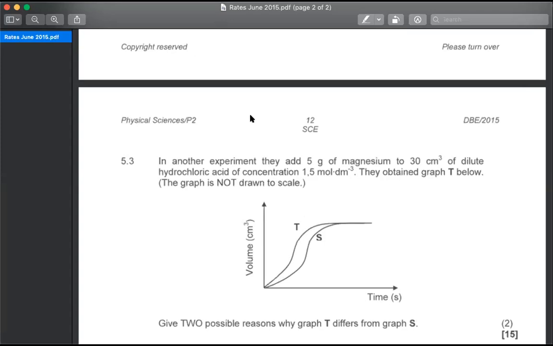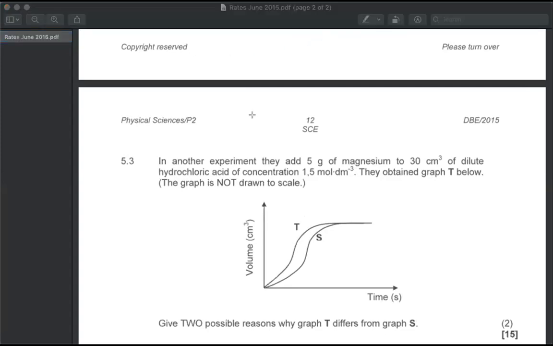Now, what does that mean? If you look at this graph, before we even look at the question, if the graph T is on the left-hand side of graph S, we'll see that the reaction completes earlier. Nah? That's where that reaction completes. Our original reaction in S completes there. That means it's a more vigorous reaction.